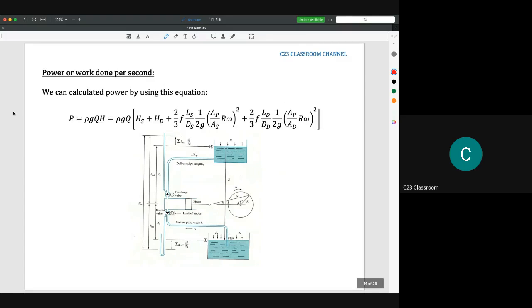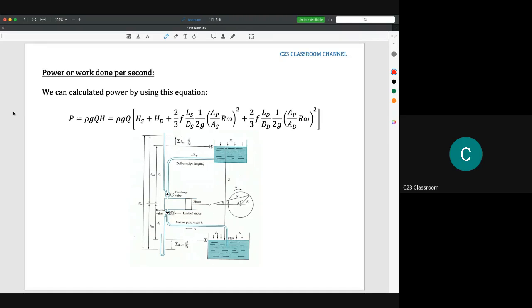Then this is the equation for the power. As you know, in the centrifugal pump calculation previously, we used the Bernoulli equation and calculated the head of the pump, and then we used that head of the pump in the power equation to get the power of that pump, because power is the common parameter used by engineers to show how strong our pump is, or the capability of the pump to transfer energy.